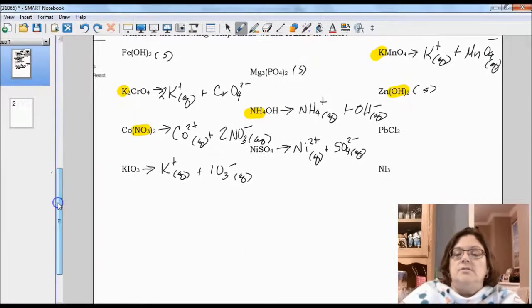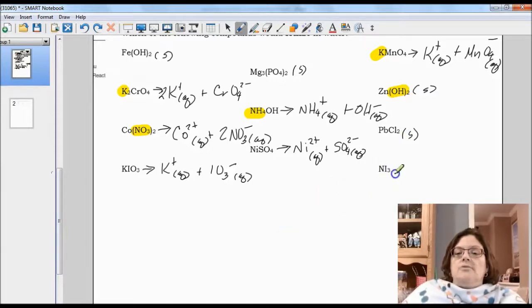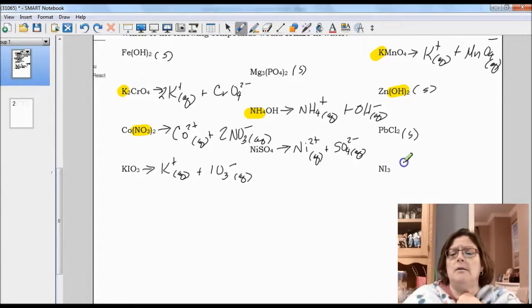Our last 2 here, lead chloride. Lead, PMS, it's going to precipitate. Nitrogen triiodide. Excuse me. Is he ionic? No. 2 nonmetals.